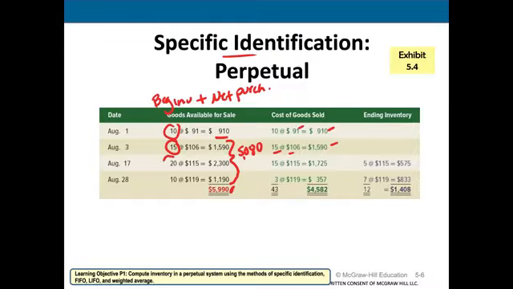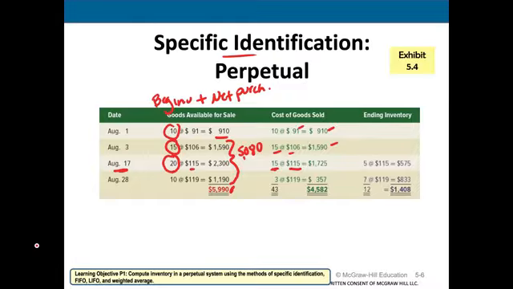Now of the 20 bikes that we purchased on August 17th, we didn't sell all of them. We only sold 15 of them. That's just something the problem made up. I deleted some of the slides, but that's what the problem said. So they sold 15 of these bikes from the August 17th batch, and we allocate a cost of $115 because that's what we paid.